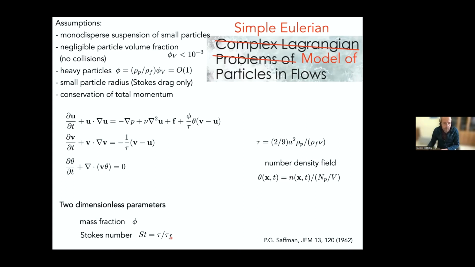So the model is pretty old, it was derived by Saffman 60 years ago, and it is not very well known. It's used in the astrophysical community, but not in the turbulence community.